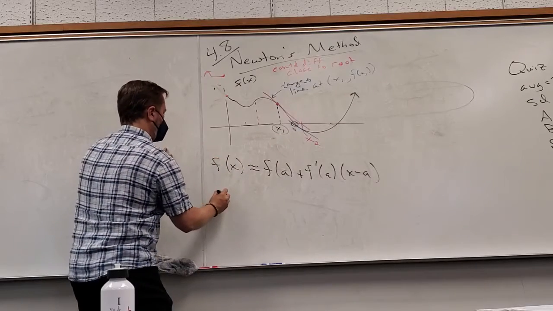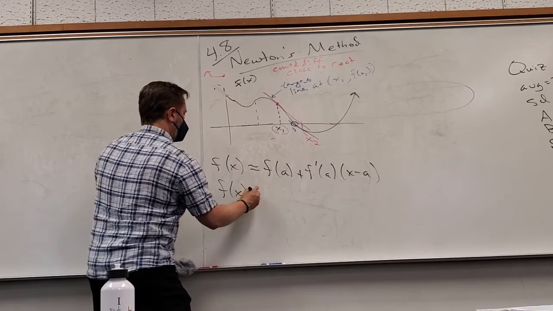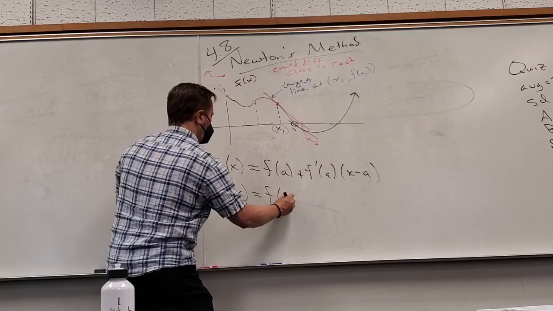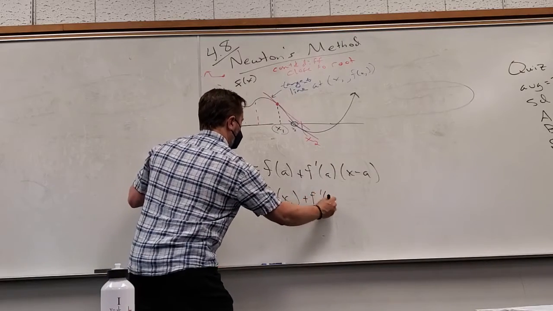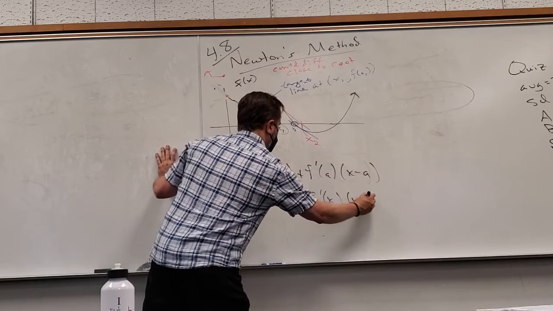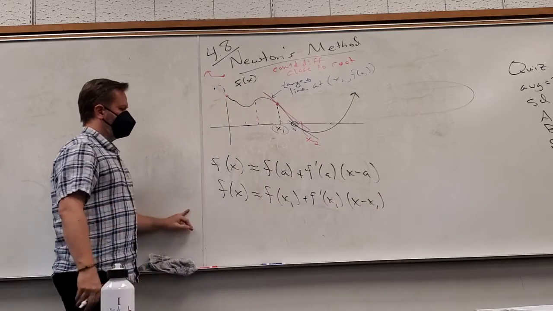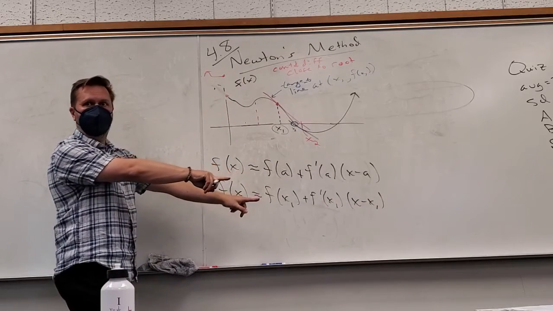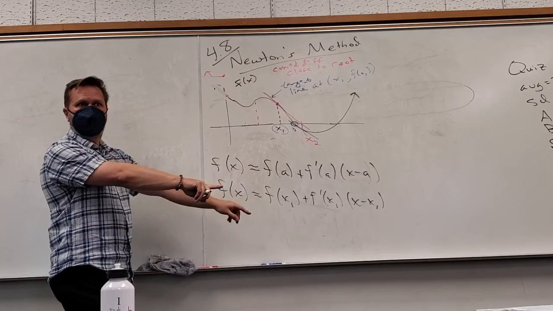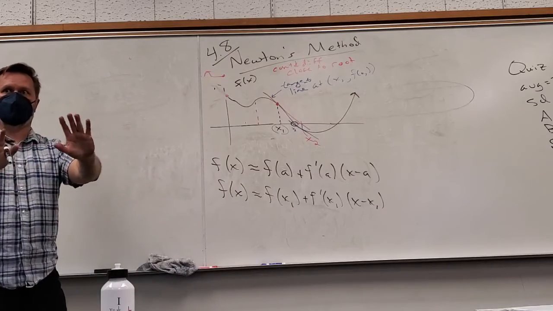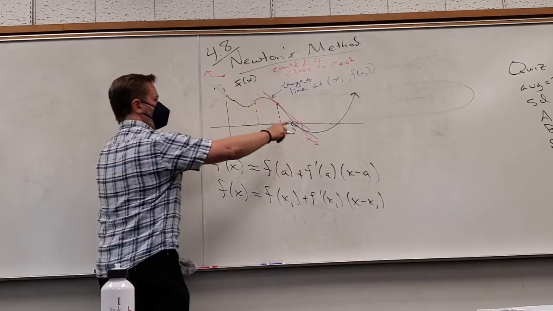Okay, so let's be more specific. f of x is approximately f of x1 plus f prime of x1 times x minus x1. So that is my tangent line, correct? All right. What did I do next to get x2?